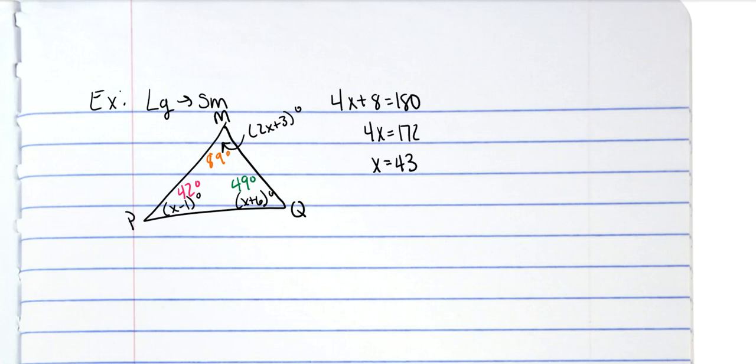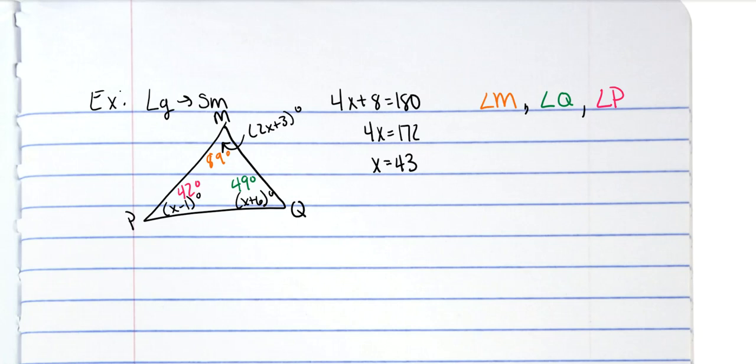All right, so my angles from largest to smallest is angle M, and then my middle angle is angle Q, and then my smallest angle is angle P.